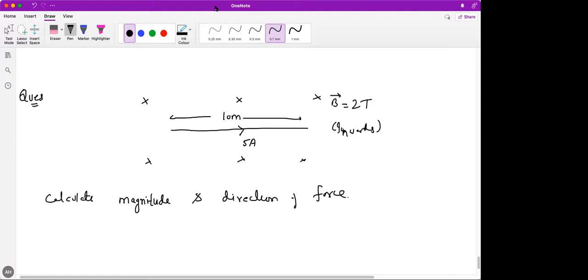Please write your answers in chat room. Okay, Ahmed. Ahmed also mentioned the direction. Your magnitude is correct, also mention the direction. Abdullah, magnitude is correct, but direction is wrong. Noor, magnitude is correct. What about the direction? Fatma, magnitude is correct. Shazada, magnitude is correct. What about the direction? Draw this on your copy. Place your finger along the current and curl it inwards. Magnetic field is inwards.